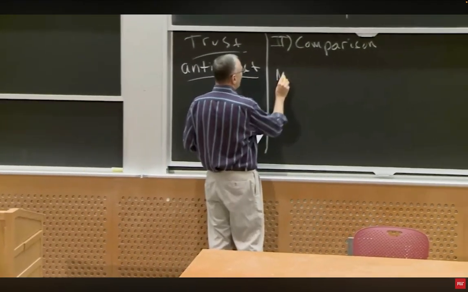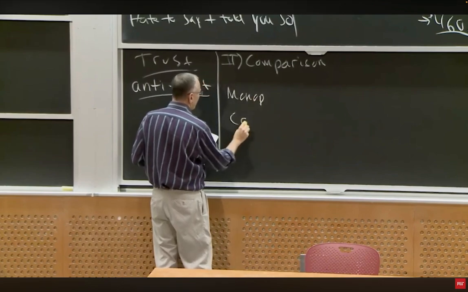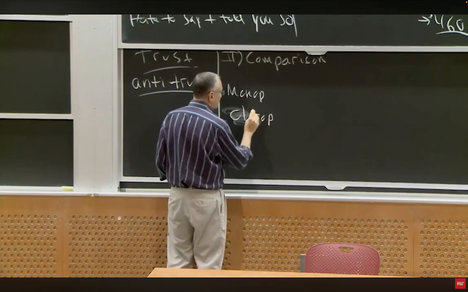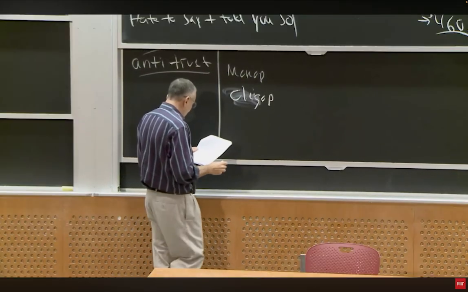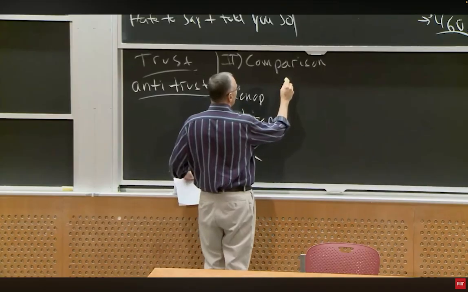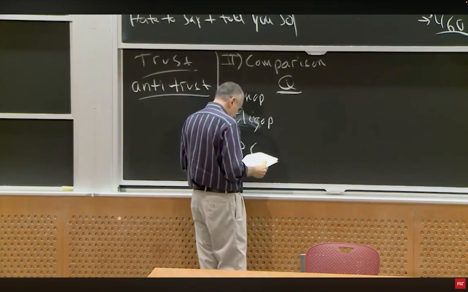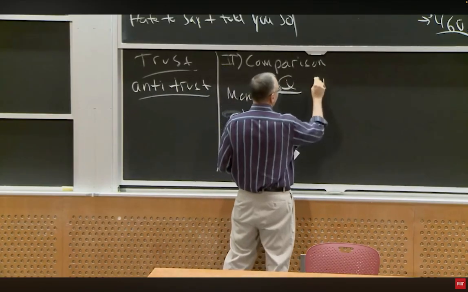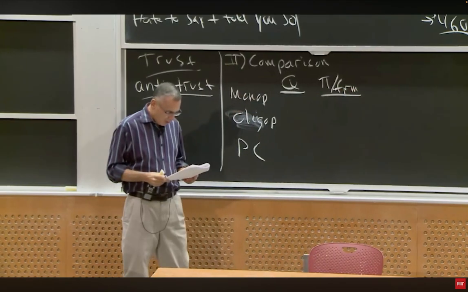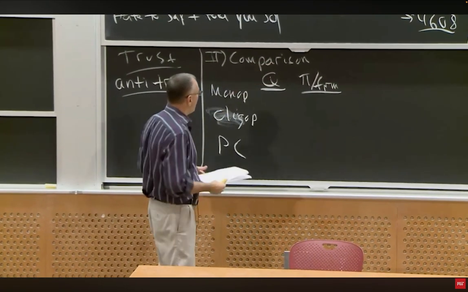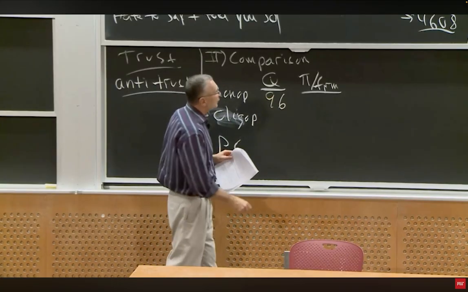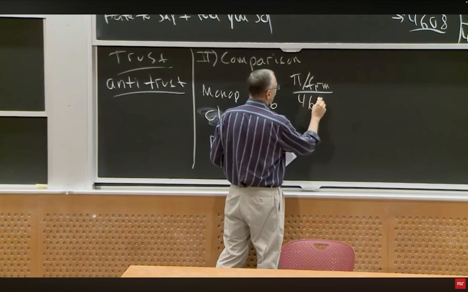So we have monopoly, we have oligopoly, by which we mean Cournot, and then we have perfect competition. Let's see what these imply for the quantity produced and what they imply for profits per firm. Well, we know that if they monopolize, the market quantity is 96, and the profits per firm are 46.08.